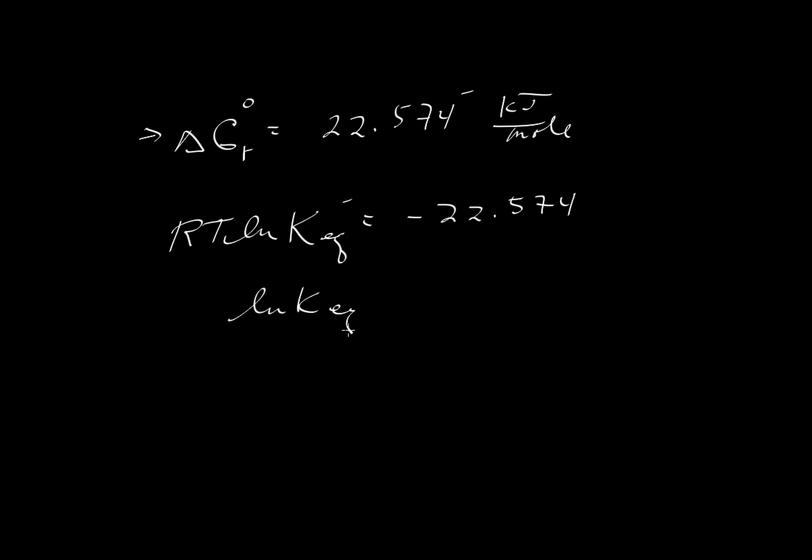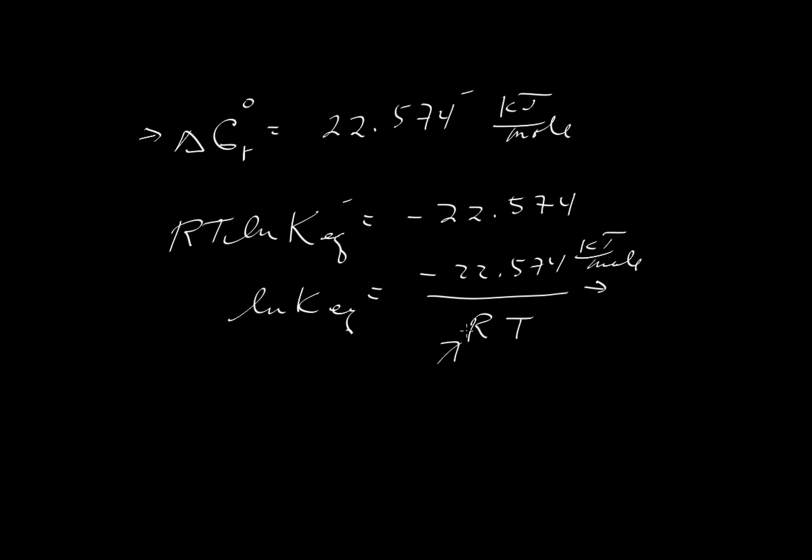So the natural log of the equilibrium constant is minus 22.574, and that will all be divided by R and T. What is R? R is the gas constant, and the gas constant is about 8.3144 when you're using joules. Here we have to make a correction. This is in kilojoules per mole.